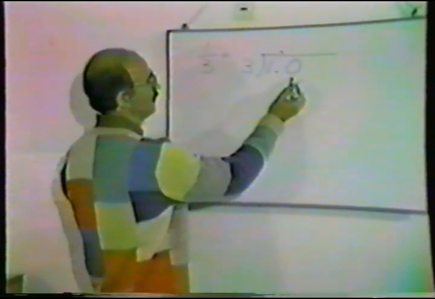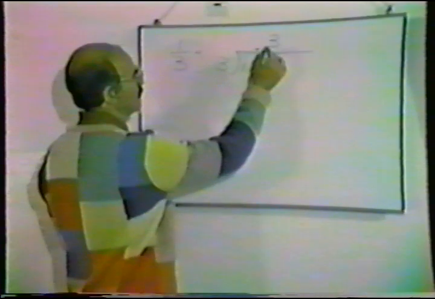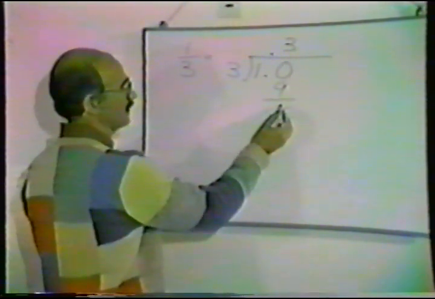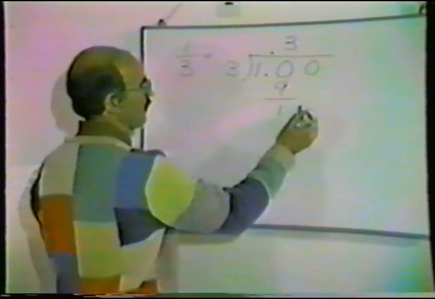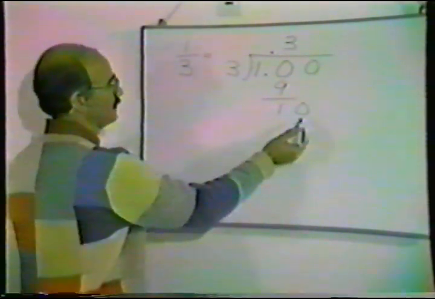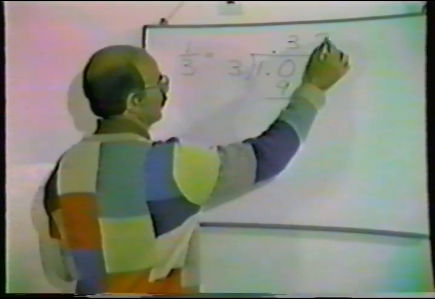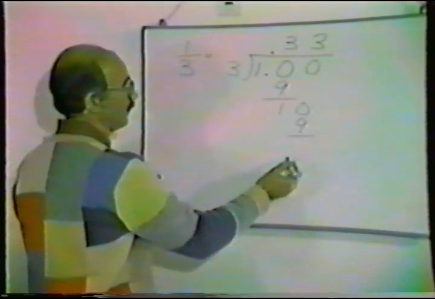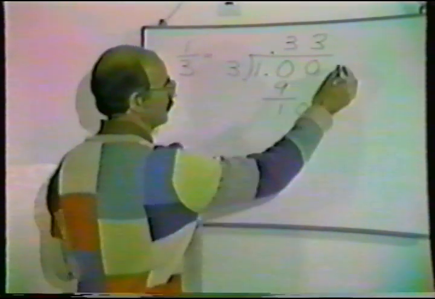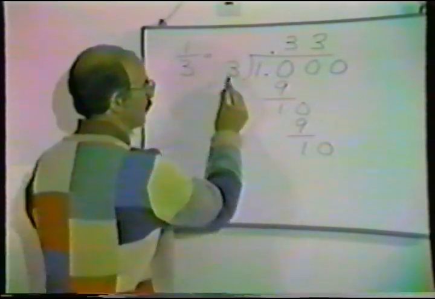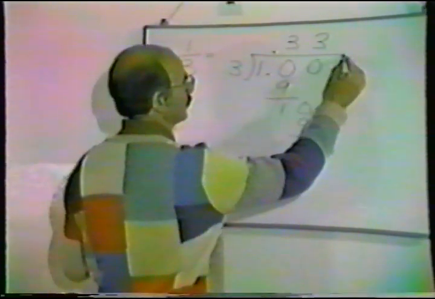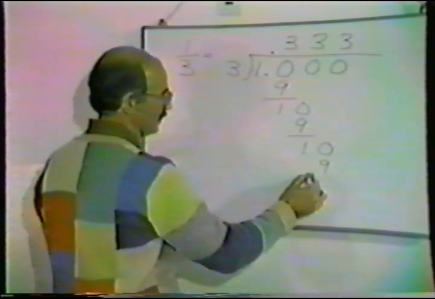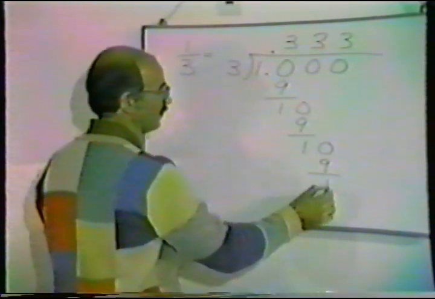3 into 10. 3. 3 times 3, 9. 10 take away 9 is? 1. Bring down a 0. 3 into 10. 3. 3 times 3, 9. 10 take away 9 is? 1. 3 into 10. 3. 3 times 3, 9. 10 take away 9, 1.